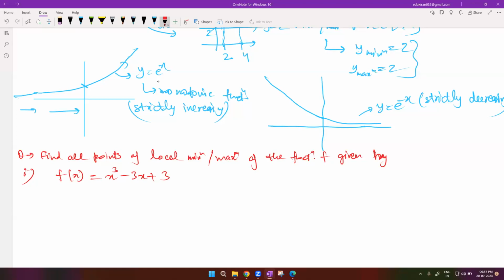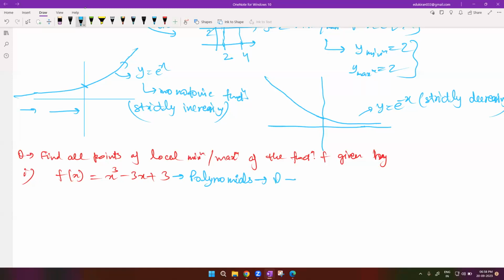Always remember that whenever we are talking about polynomials, and you should know by now what polynomials are. If not, you can ask me whenever you are confused about which type of expression it is. So this is a polynomial. And whenever we are talking about polynomials, the domain will always be from minus infinity to plus infinity.